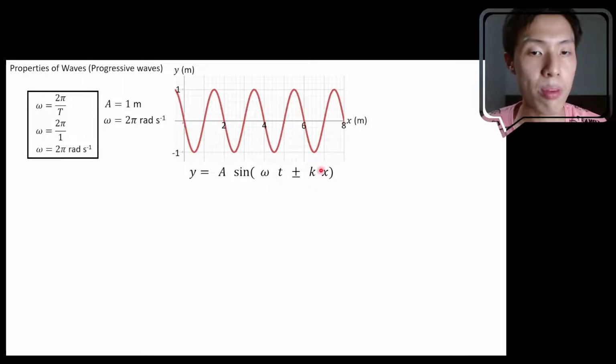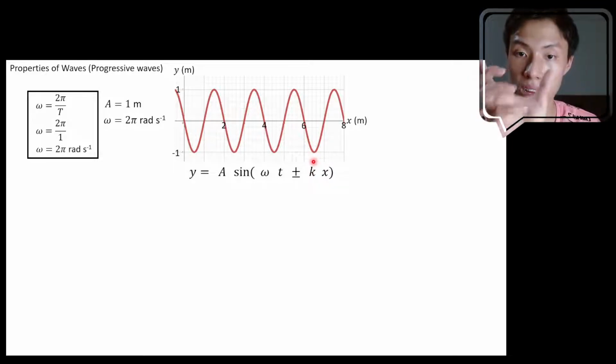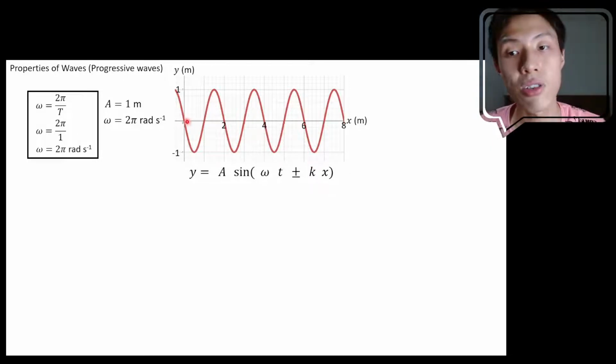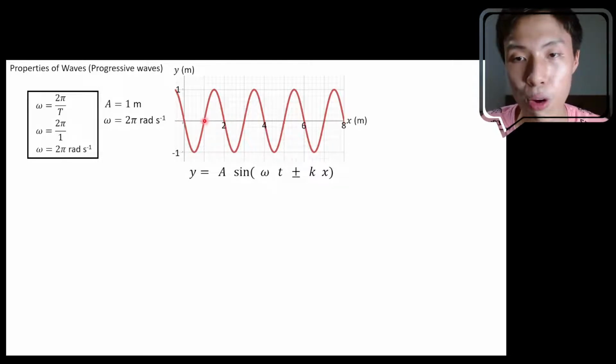Next, the third parameter is k, the wave number. The wave number is related to space, so we have to measure the distance for one complete wave cycle. It can be measured from any point to the same point on the next cycle, crest to crest or trough to trough.